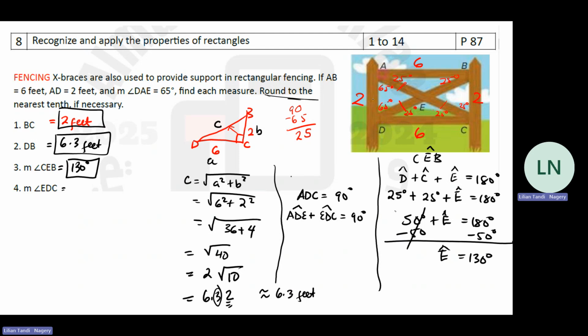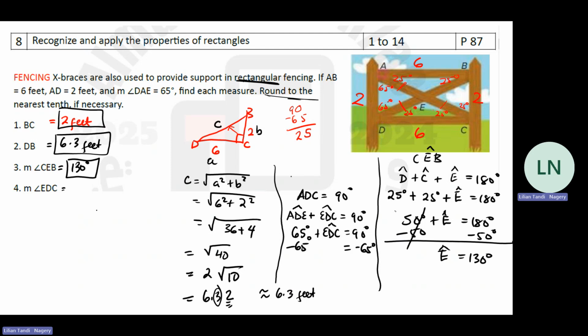So I know that ADE, this angle here, is 65 degrees, plus EDC should give me 90, because this is a rectangle.